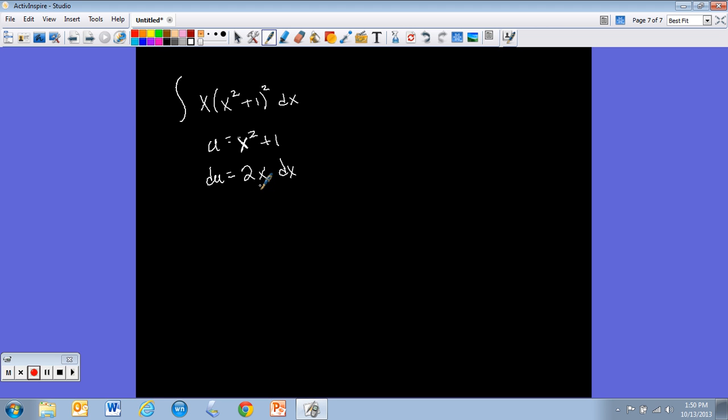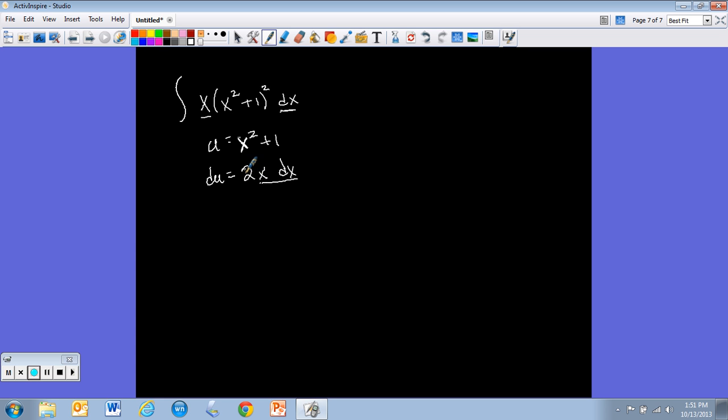If you're thinking, well, we don't see a 2x, is this going to be legal to substitute? The way I think of it is, yes, it is, because I still see an x dx here, and here I still see an x dx. We just have this extra 2 that we need to get rid of. And if we get rid of it, we'll know exactly what to plug in.